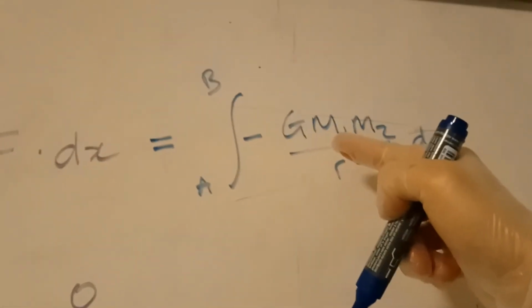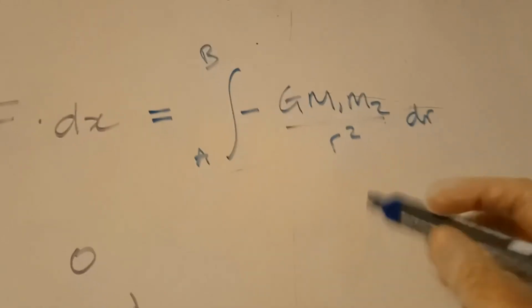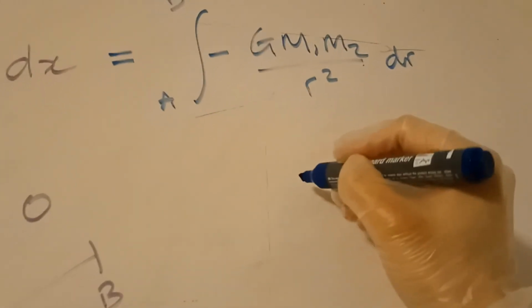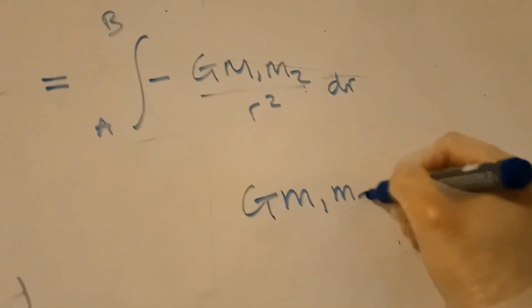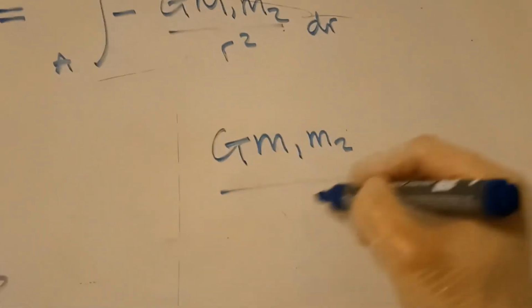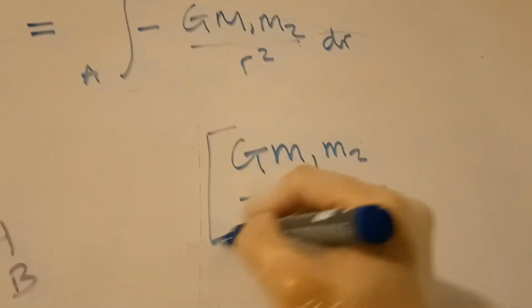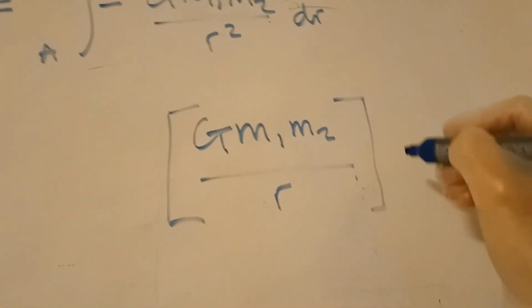So when you integrate this, you will get the positive. So it would be G m1 m2 over r, with the limits B and A.